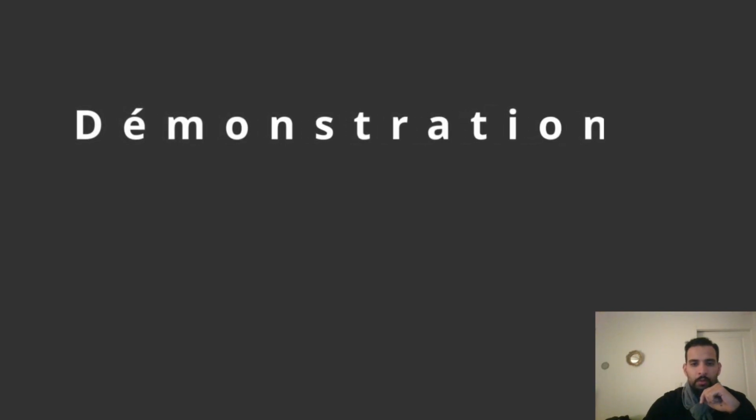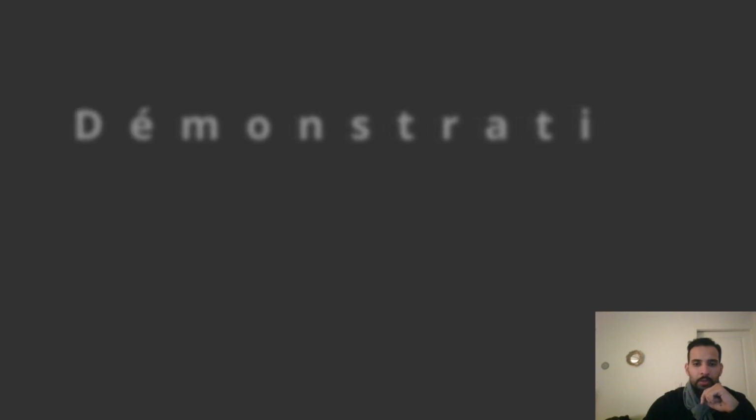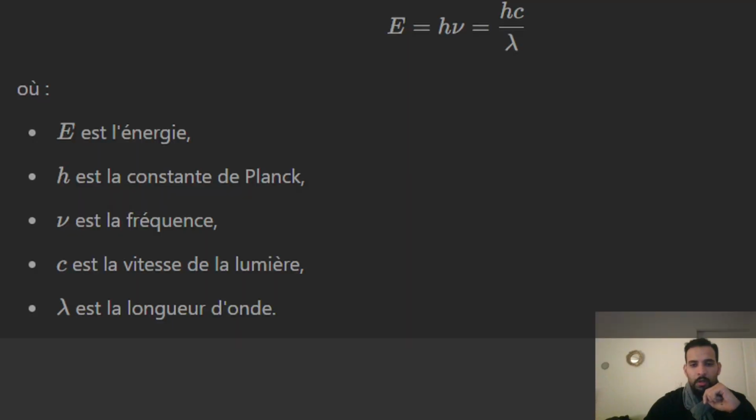To demonstrate the equation E equals mc², we will need two fundamental relations. The first concerns the energy of a photon, given by E equals h nu, where nu is the frequency of the photon, which we can express depending on c and lambda, with lambda being the wavelength and c the speed of light.